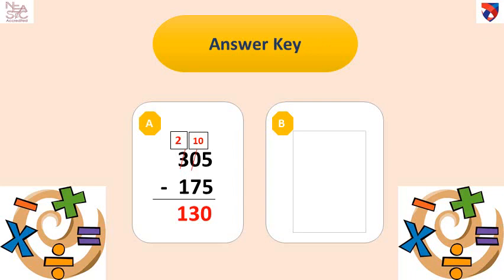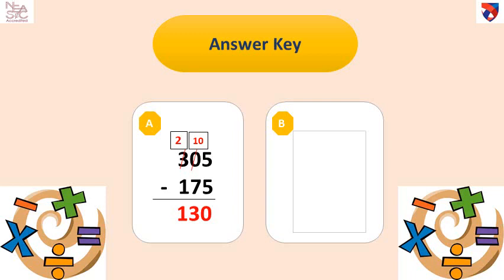305 minus 175. I'll start with ones and I say 5 minus 5. So numbers are the same, 0 is the game. And then I move to the tens. It's 0 minus 7. Can I find the answer? No, because more is on the floor. So I'll go to the next door, which is the hundreds.